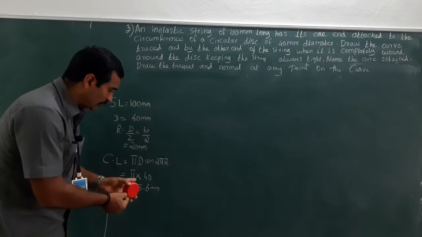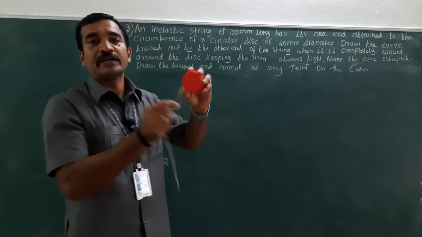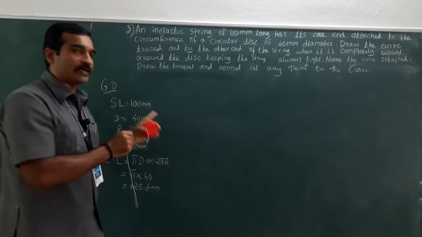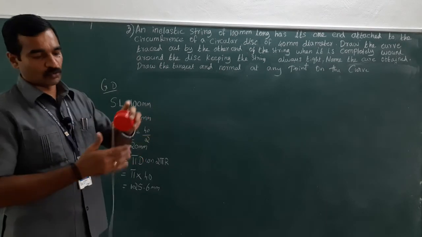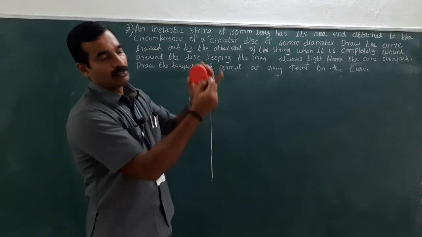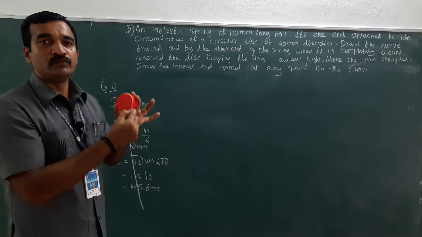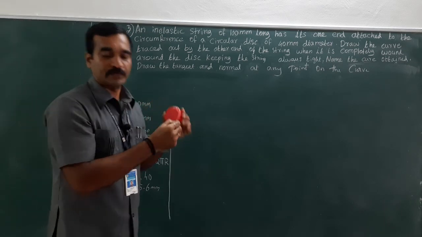To complete one full revolution or one full convolution or one full turn, I need a string length of 125.6, whereas the string length I have is limited to 100 mm only. So 100 mm is something like this. It will not turn one full revolution or one full winding, right?